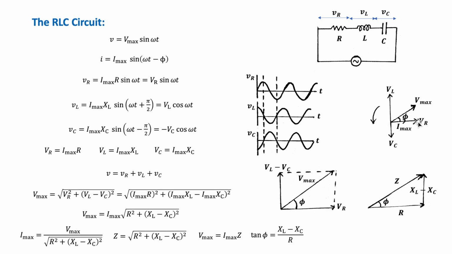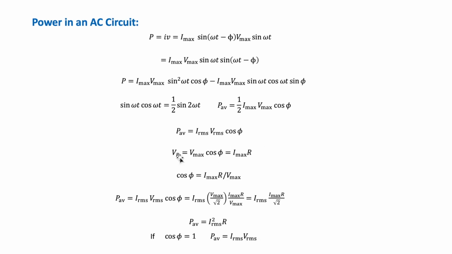And we know that VR is equal to I max R. So from this expression we can find cosine phi, substitute it here, and we get for the average power equal to I squared RMS R. This shows that the average power delivered by the generator is dissipated as heat in the resistor, just like in a DC circuit.